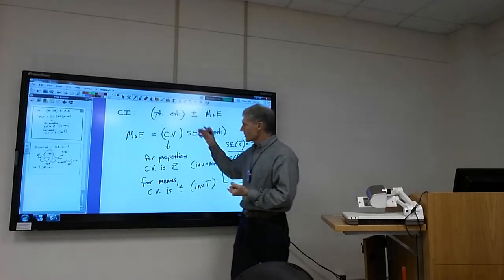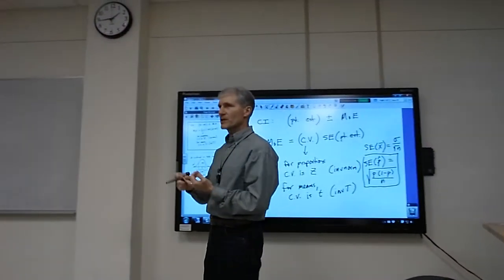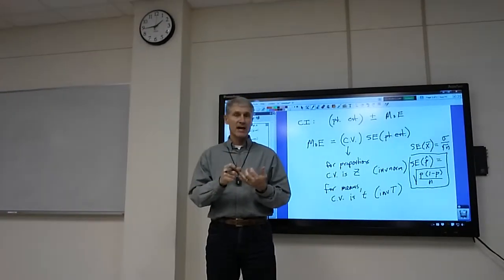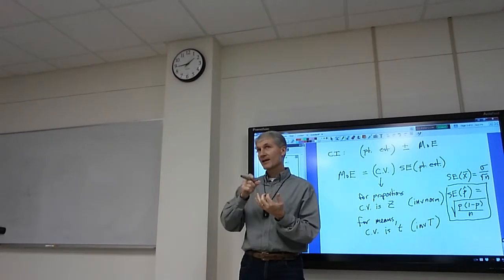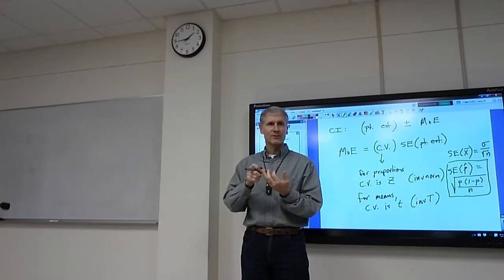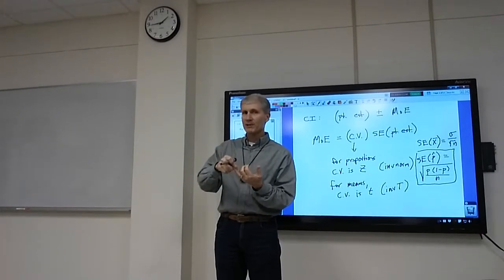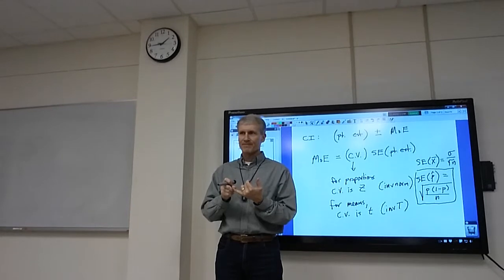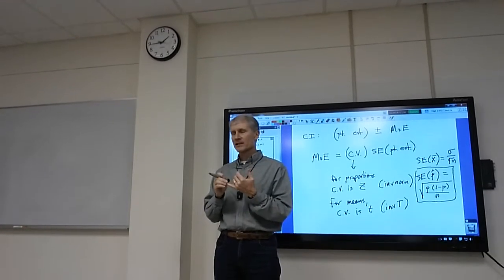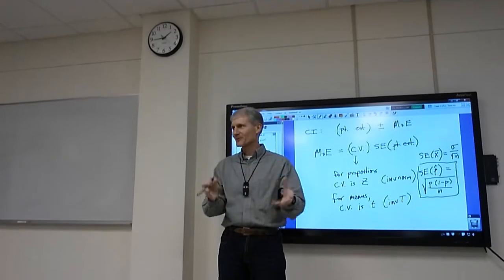So remember, in this MA343 worksheet, it's either going to be proportions or means. And then once you know that, it's either going to be 1 sample or 2. And then if it's 2 sample, you then have to make a third decision. Are those samples independent or are they dependent? All right? Now, in my MA343 class, I did not teach the dependent samples proportion one, so that's not going to be in there.